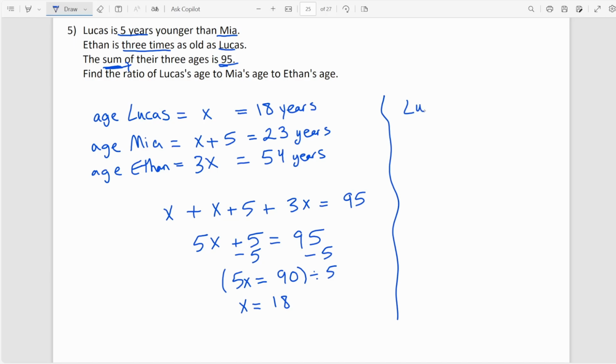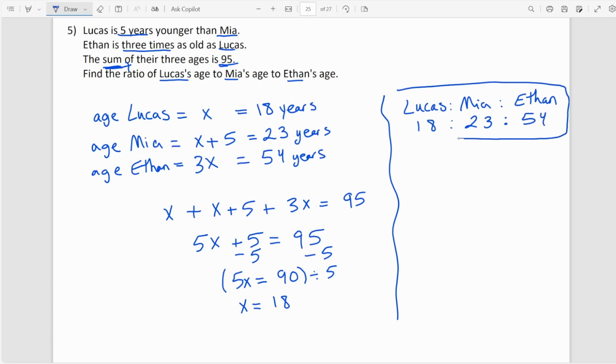So Lucas to Mia to Ethan. It's important to keep the same order that you're given in the question. Don't change it up. So Lucas is 18, and Mia is 23, and Ethan is 54. Now the question did not ask us to simplify our ratio, so it's fine if we leave it as it is.